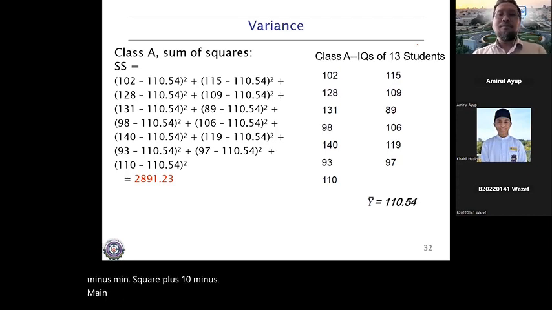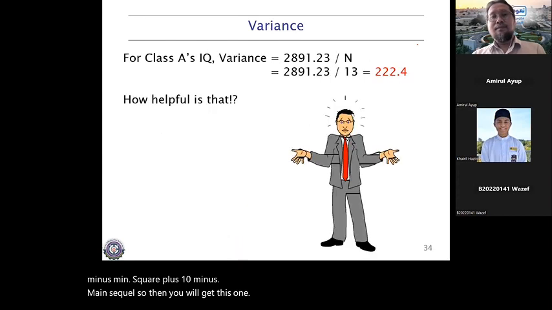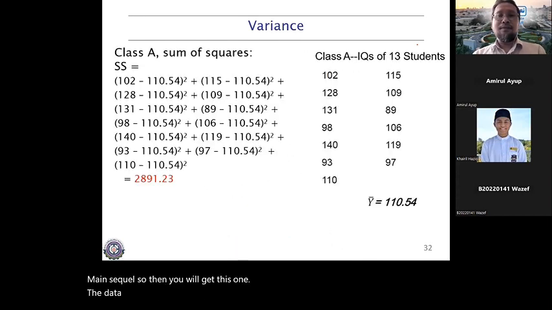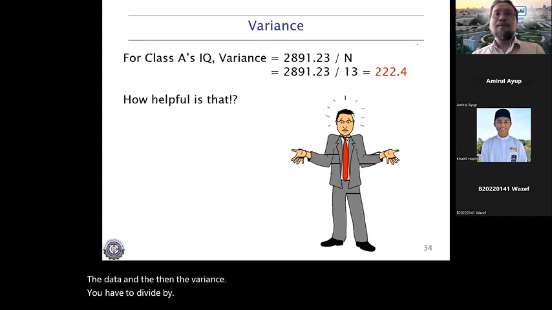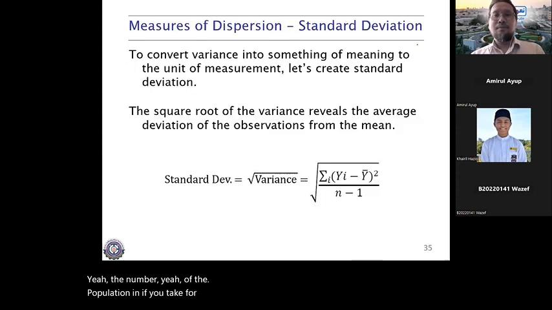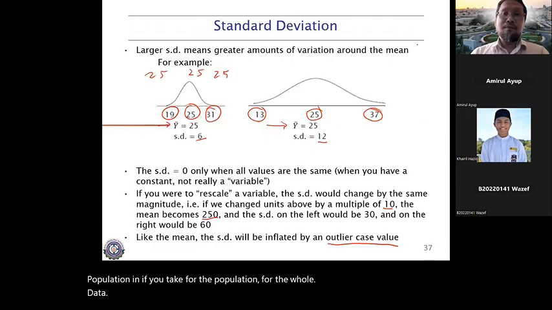Then you get the data, and for the variance you divide by the number of the population. If you take the whole data as the population, then you get the variance.